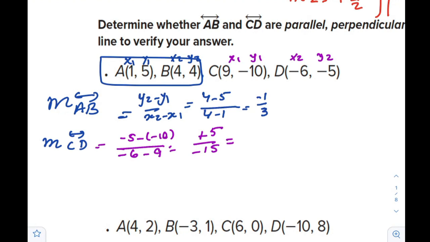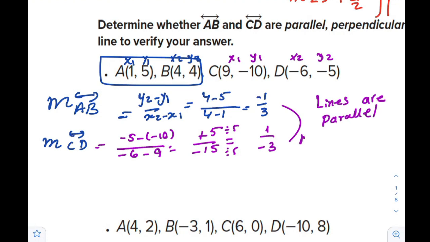You need to simplify to be able to compare. If you divide this by 5 and this by 5, this will be 1 over -3, which means it's the same as this one. So since the slopes are equal, that means the lines are parallel, because the slope of line AB equals the slope of line CD.